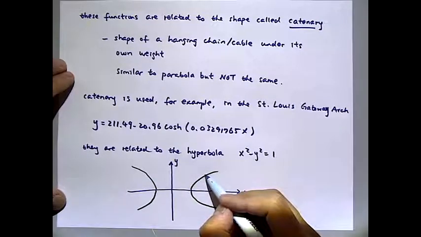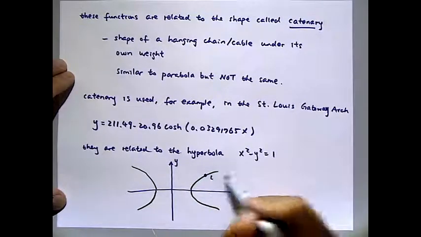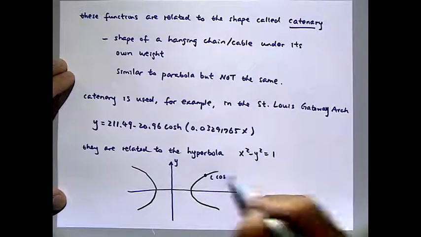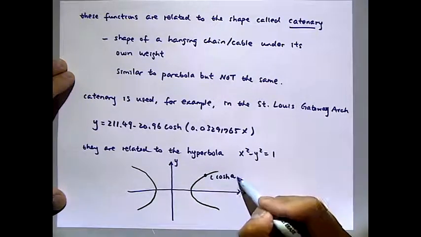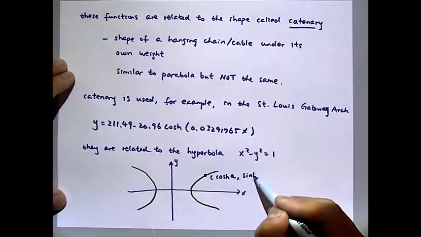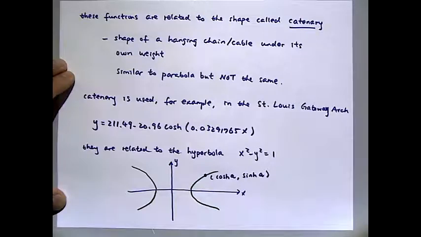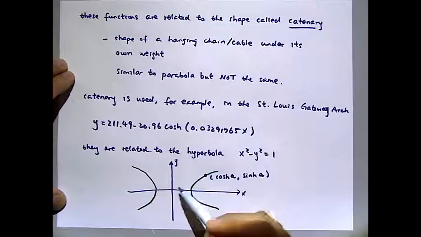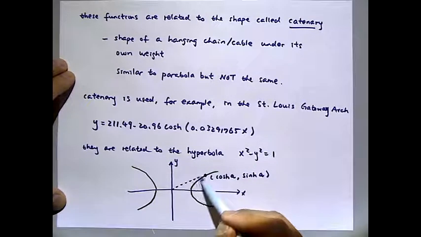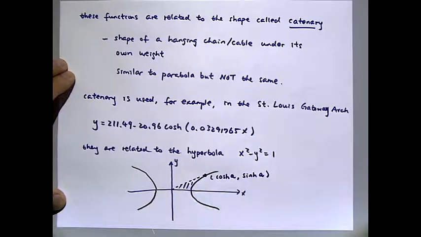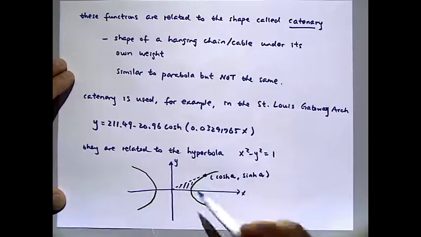If you pick a point down here, that point is at the coordinate hyperbolic cosine of a, comma, hyperbolic sine of a, where this a is related to the area of this almost a triangle shape, but not quite.